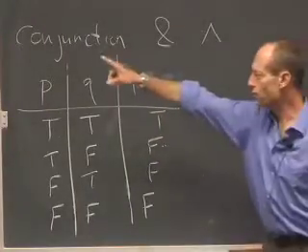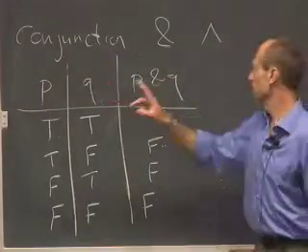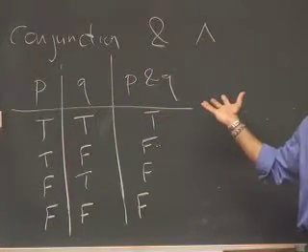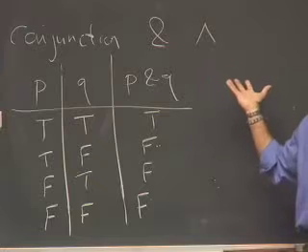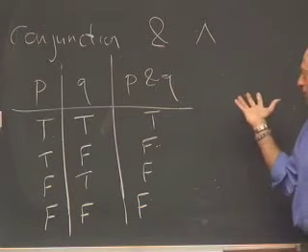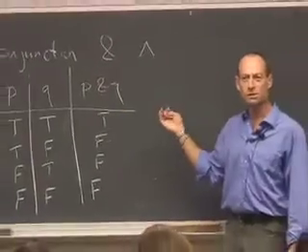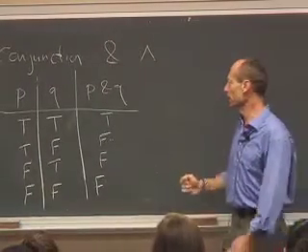Or is true if either is true. And is true if both are true. This is a definition. There's no mystery here. It's just how it's defined. So far, so good?